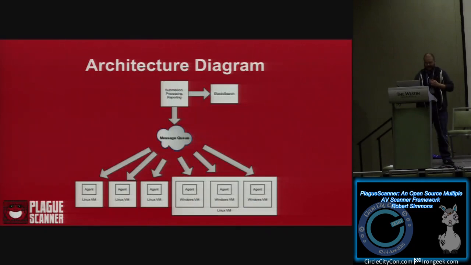So how is my architecture designed? It's super, super simple. Up at the top is the submission processing and reporting node, if you will, and I'll show you all of this in a demo in a moment. The message queue in the center is 0MQ, and I'll go into detail about what the messages look like and how they're constructed.